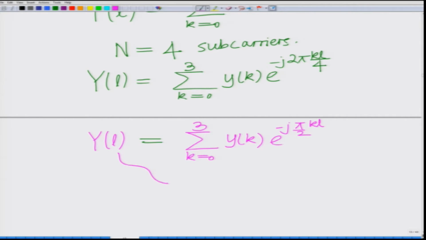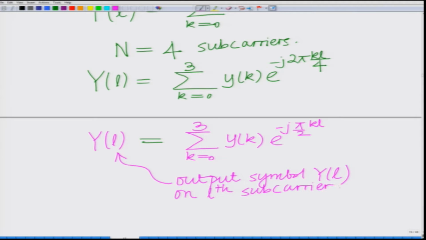All right, this is the output symbol YL on the Lth subcarrier.